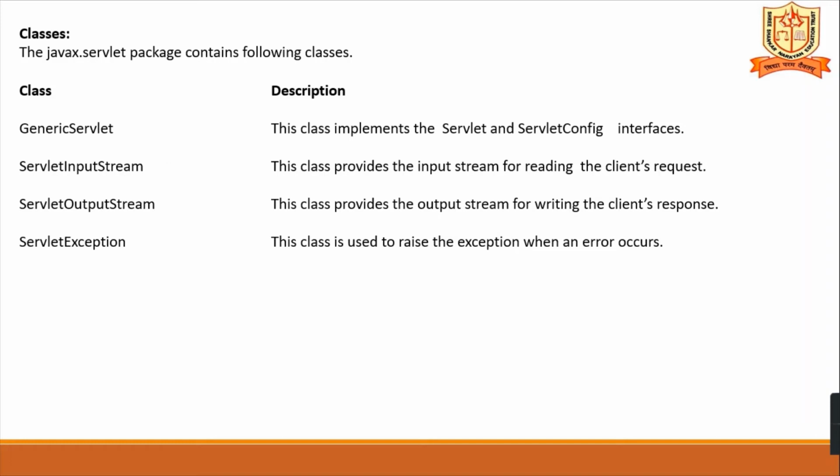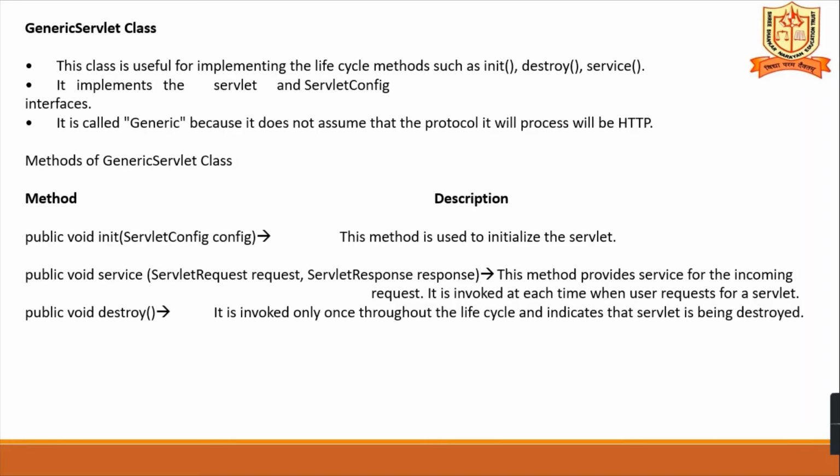ServletException is used to raise an exception whenever an error occurs. And the GenericServlet class is useful for implementing the lifecycle methods such as the init method, destroy method, and service method.